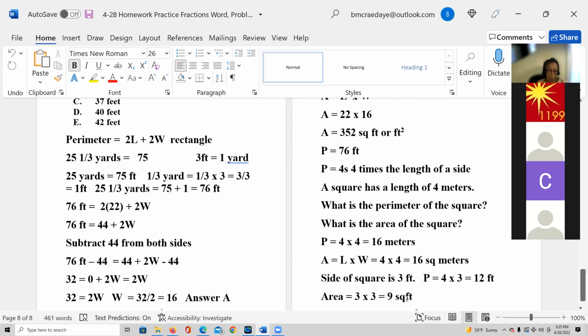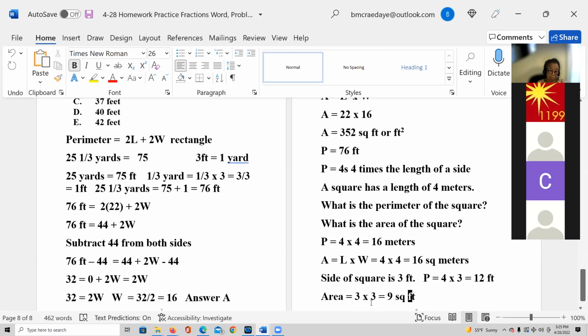See, I gave you one because I didn't want you to think that the perimeter and the area were always the same number. You always take this side and multiply it by 4, because there are 4 sides to a square. And that's how you got the 12 feet. But the area is side times side, in other words, side squared.